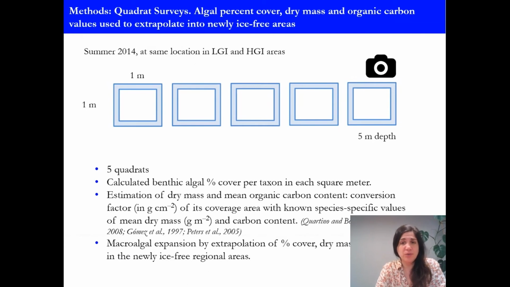These quadrats were 1 meter by 1 meter. We took photographs, and then we calculated the benthic algal percent cover, and with literature we estimated the dry mass and mean organic carbon content.